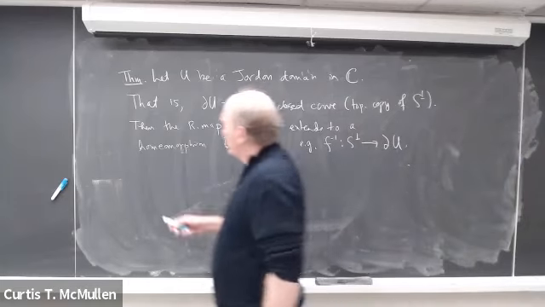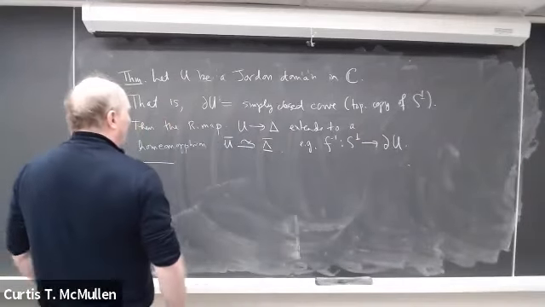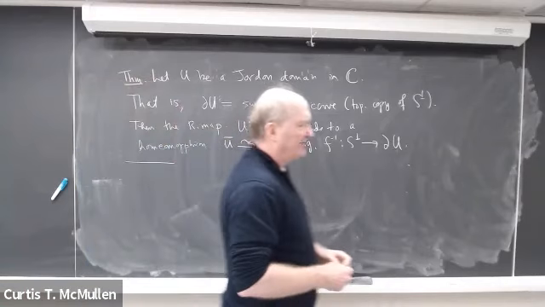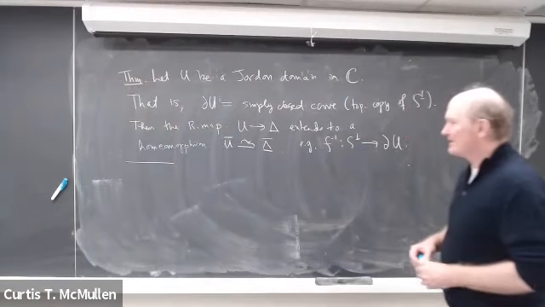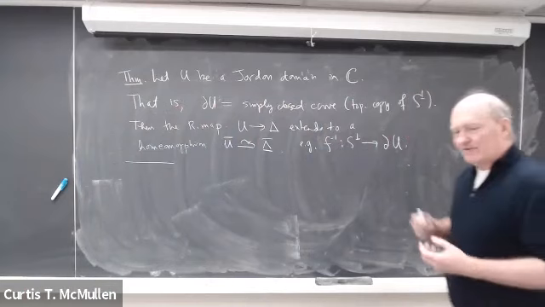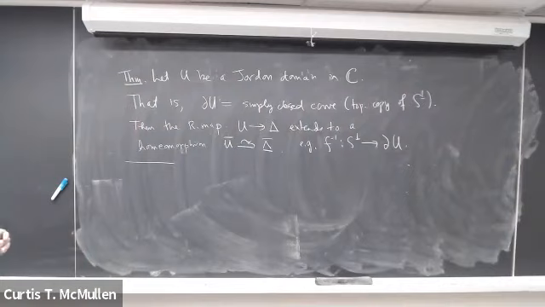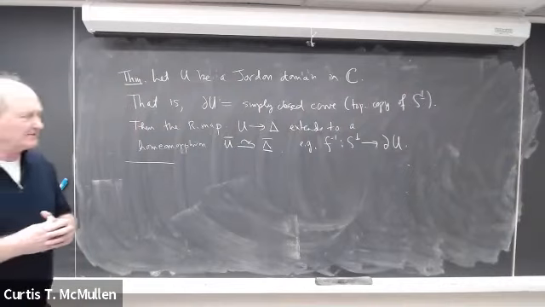Now you might wonder, is it maybe always true that the Riemann mapping or its inverse extends to the boundary? And unfortunately, this is not quite true. But the failure happens only in rather pathological circumstances.